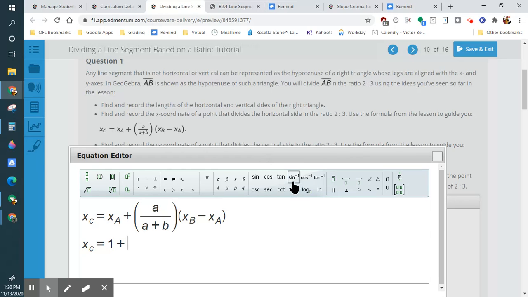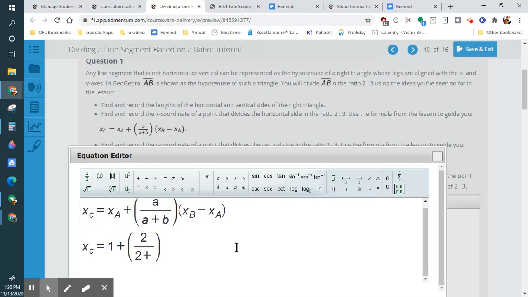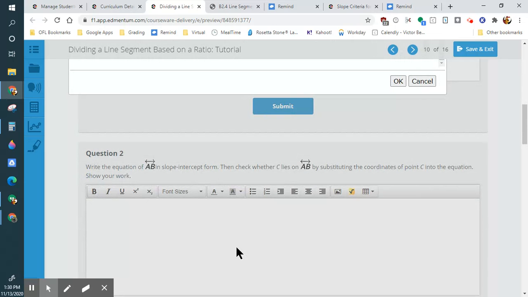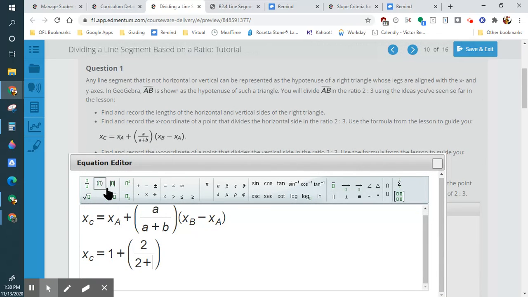In this case, oops, I need to use their parentheses. Fraction. The first part is 2, and then we have 2 plus 3, 3. And my num lock is on. 3.